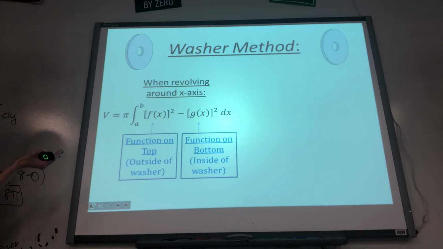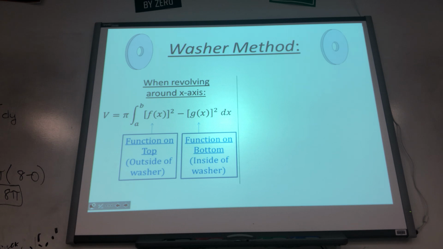Function on bottom, the bottom part of your shaded region, that is g of x. And again, it's going to form the inside of the washer. It's important to be able to see all of this instead of just writing it all down. You got to really see what's going on with the graphs.